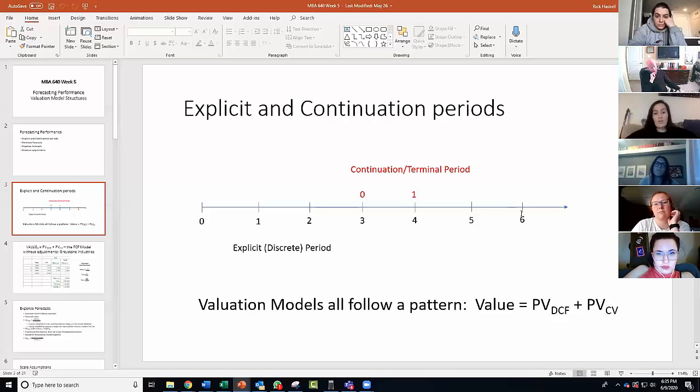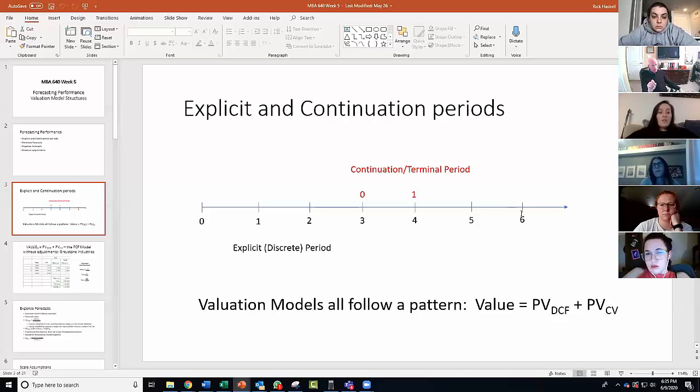Well, I'm not sure if I understand the question, but isn't the continuation terminal period forecasting infinity? Well, we are applying a growth rate to an infinite number of periods, but you've never seen me use more than one forecasted year into the continuation, have you?